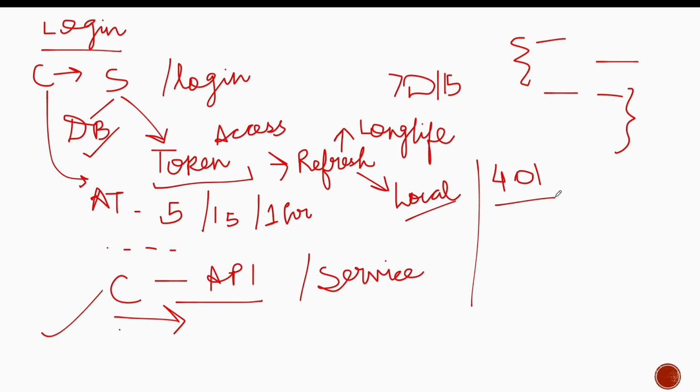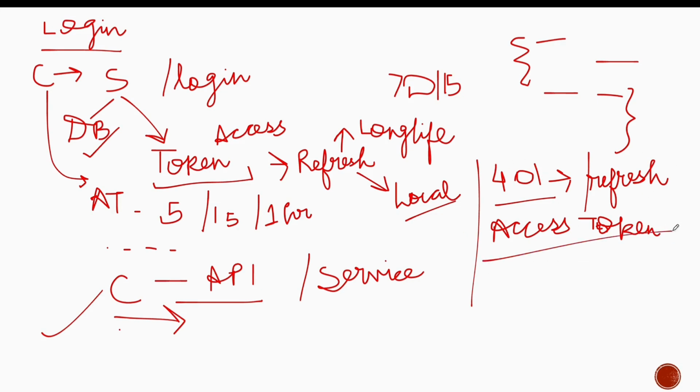What will the client do? It will use the refresh token. The server verifies the signature of the refresh token, its expiry, and its presence, and once the refresh token is validated, the server issues a new access token. So whenever the access token is expired, the refresh token is provided, the server verifies it, and a new access token is given to the client.